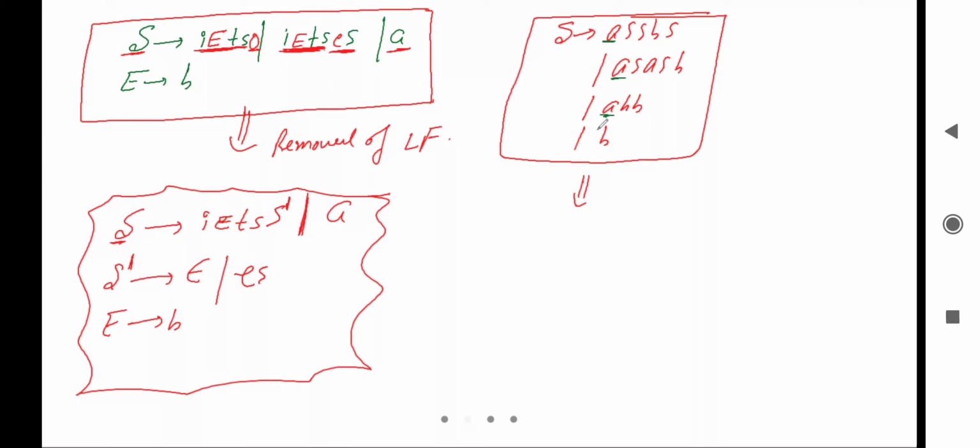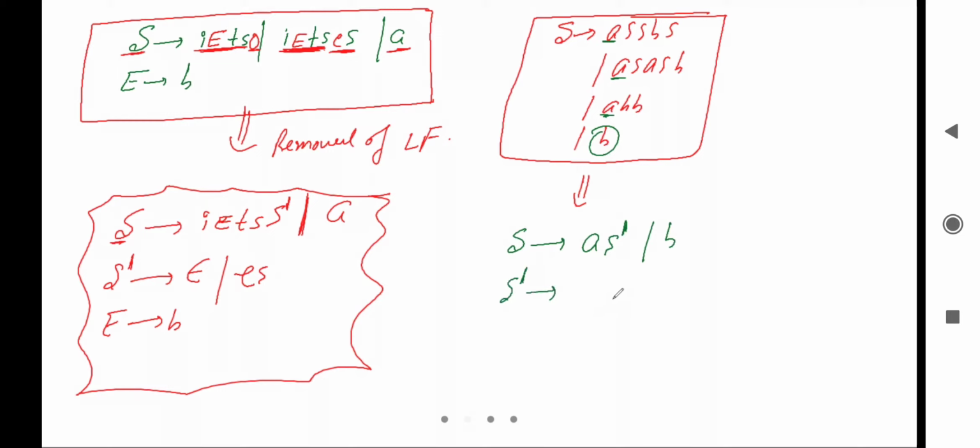Okay, so what can it be? It can be S goes to a, because the left factoring is a. Firstly generate this a, so S goes to a. After that we'll take S dash. Another thing, we can generate directly b, it means we can take b here. From S dash, what can we generate?